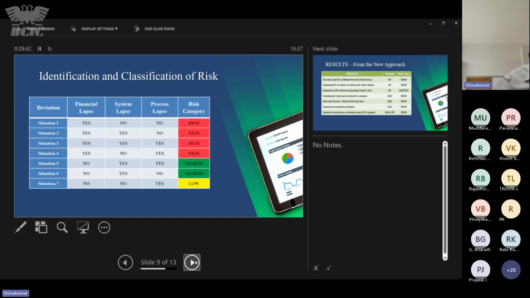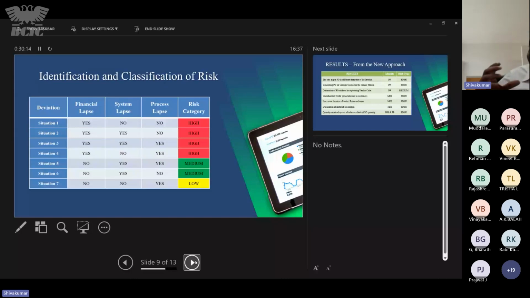So here I've given you just a sample case of how to do risk identification, first using an independent software, and then analyzing again in the software to find out what risk is identified and what type it is. Then taking the type and a combination of the types into account, we can segregate the risk into high risk, medium risk or low risk.